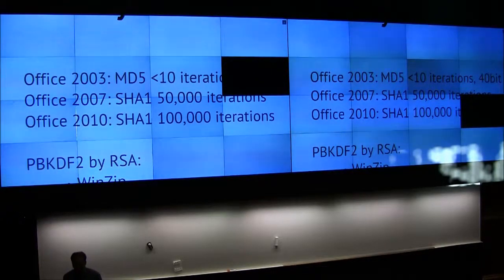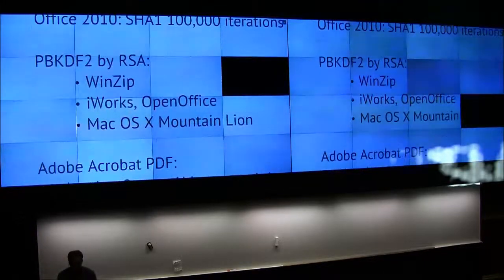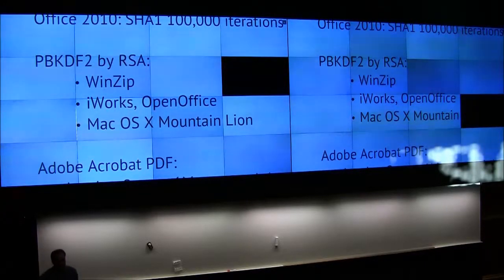Even to attack Office 2007 and Office 2010, I would advise to use GPUs because otherwise it takes too long to find a password. Another example of KDF is password-based KDF2 by RSA. It's really very used nowadays.